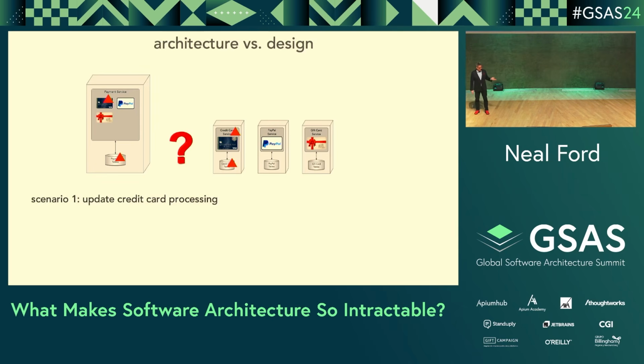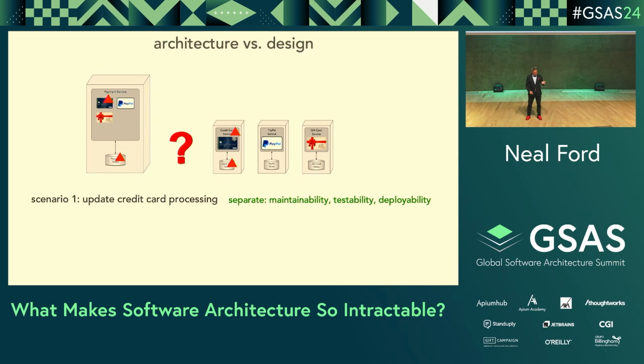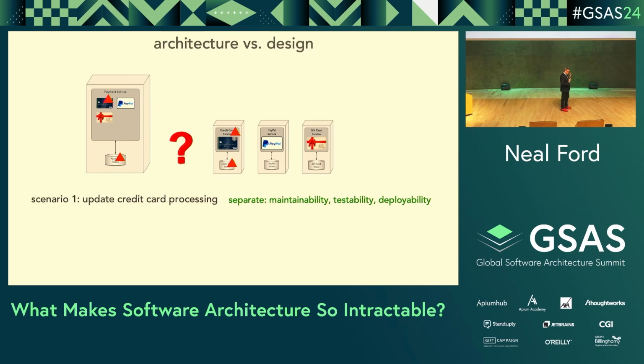Whereas for the separate services, all I need to do is change that one service. Sorry, I'm updating credit card processing. Change the one service, highly decoupled, no rippling side effects to the other services. And so for updating credit card processing, separate services give me better maintainability, better testability, and better deployability.